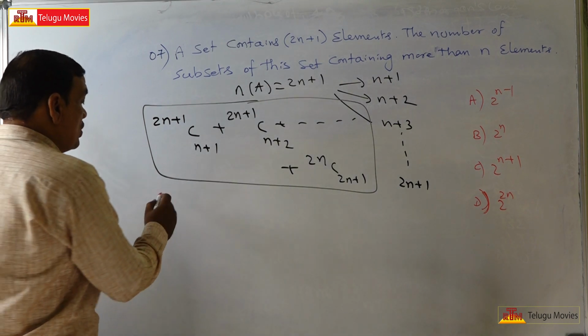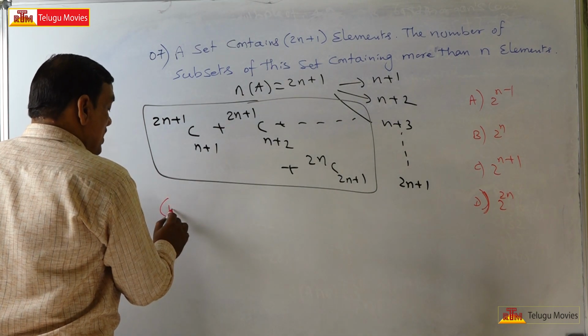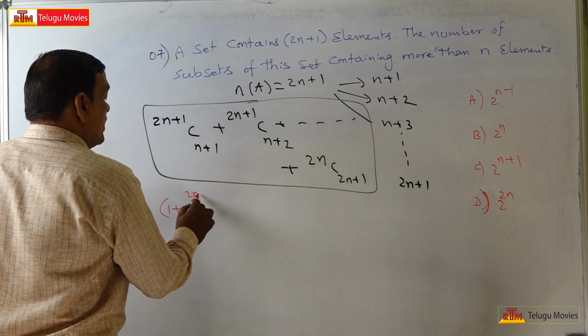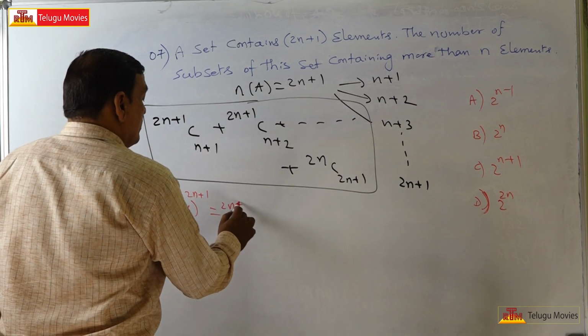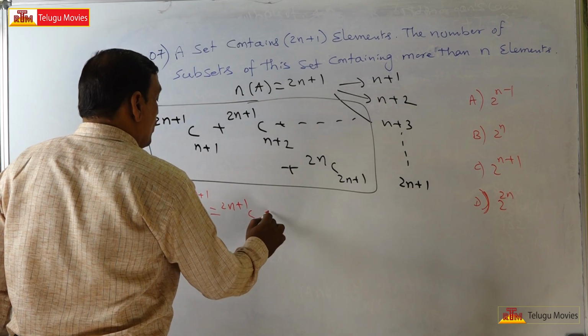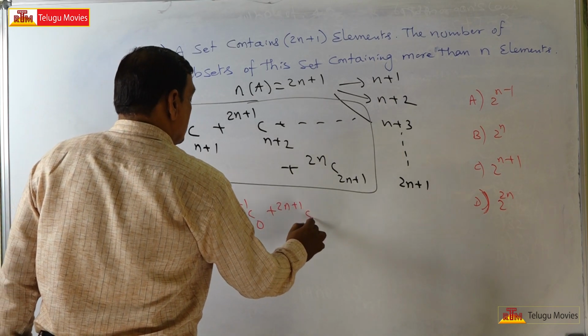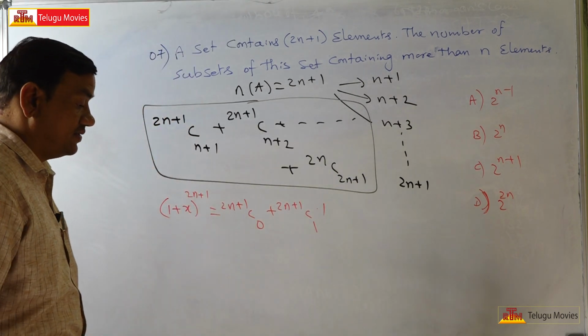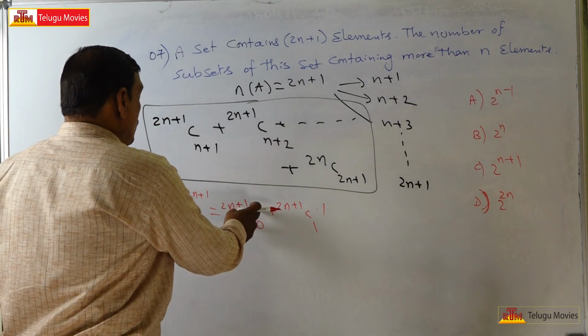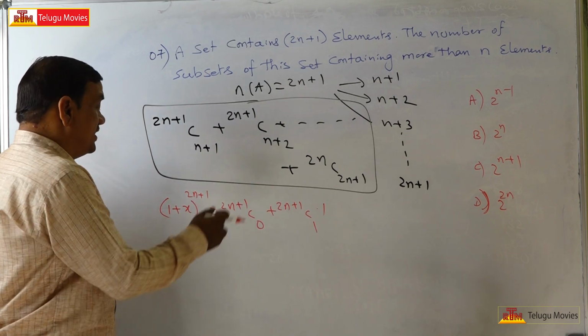So see the expansion of (1 plus x) whole power 2n plus 1. This is equal to 2n plus 1 C 0 plus 2n plus 1 C 1 into 1. Understand this. Again, what you will get? 1 to the power of 2n plus 1, and x power 0.